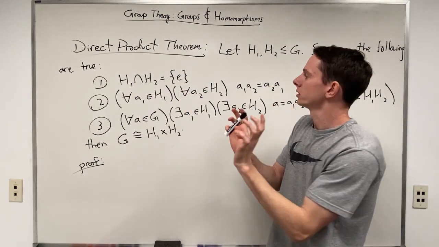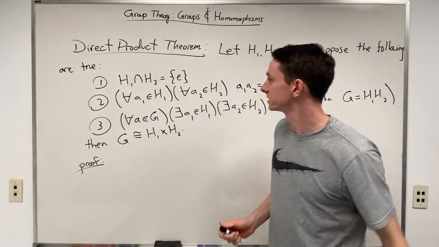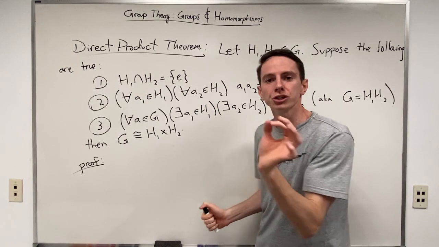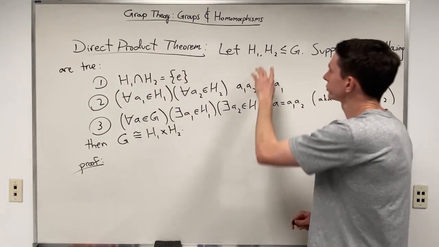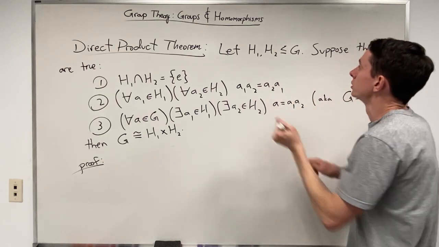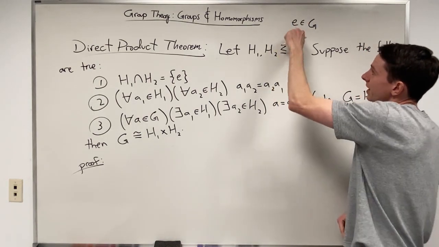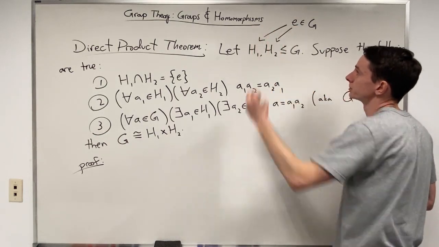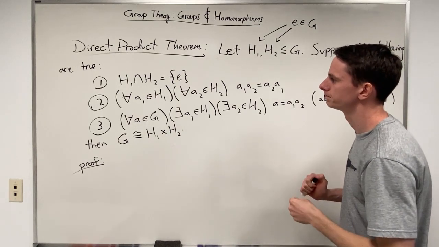So the only element that both of these subgroups have in common is the identity element from G. And notice too that we're not distinguishing an identity in this one and an identity in this one. They're both subgroups of the same group. So the group G has an identity element, and that has to be the same identity element that belongs to both H1 and H2. So we only have one E in this theorem.